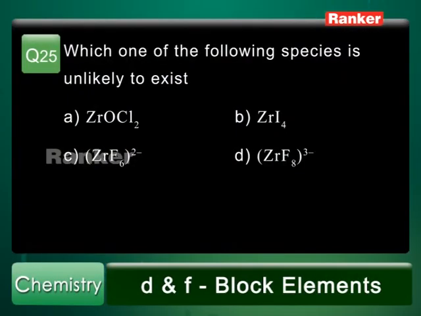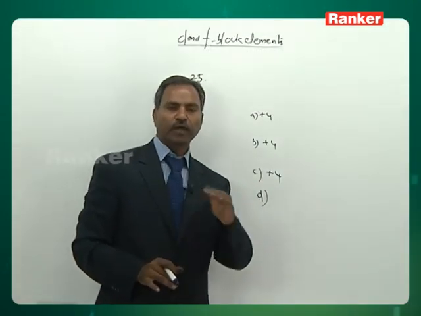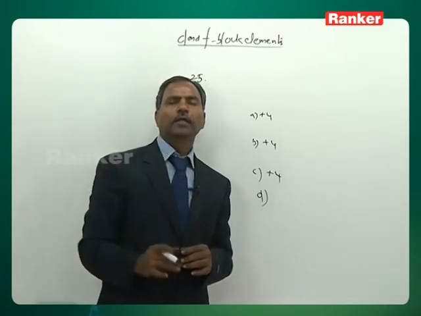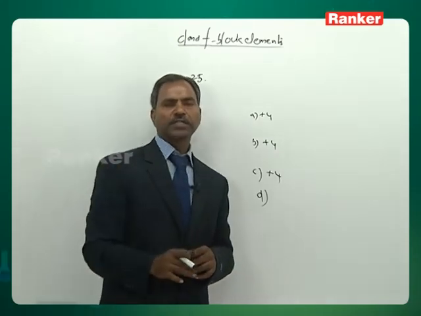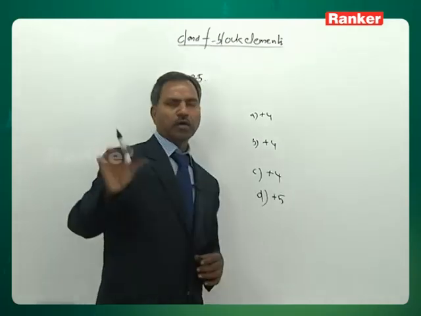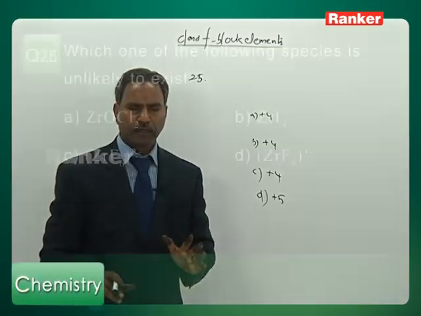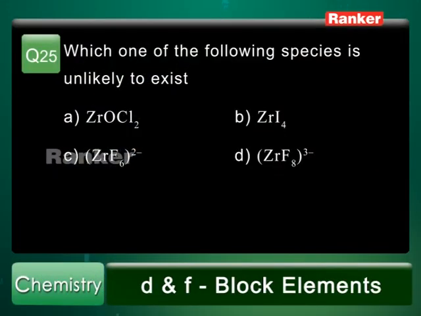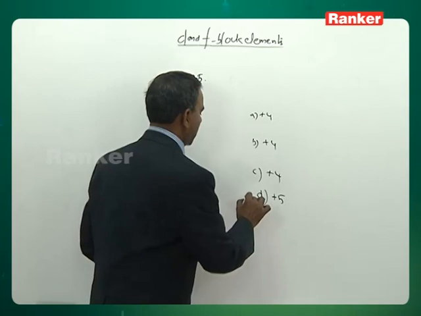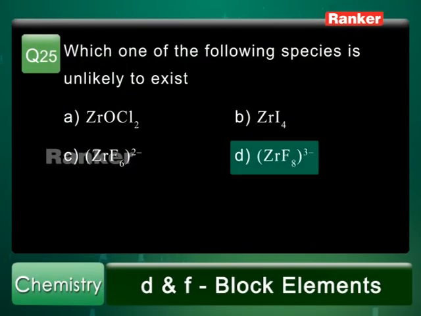Option D, ZrF8 3-: inside the bracket 8 fluorides, outside the bracket -3. By this, zirconium is +5. But the maximum oxidation number possible for zirconium is only +4, and option D gives +5. So this is unlikely to exist. The answer is D.